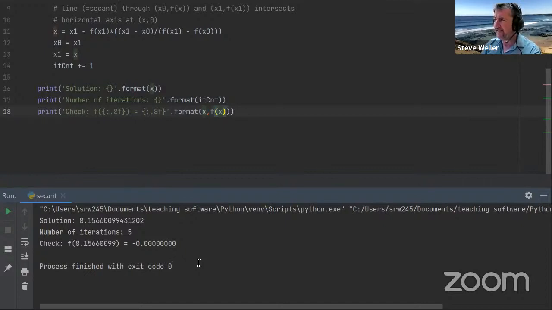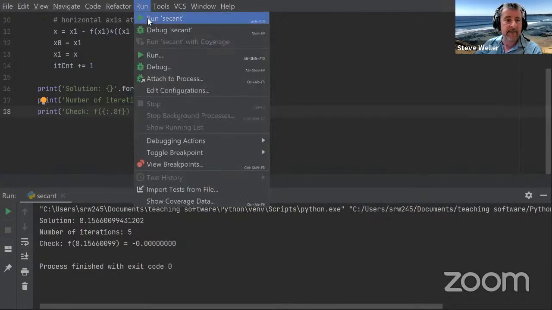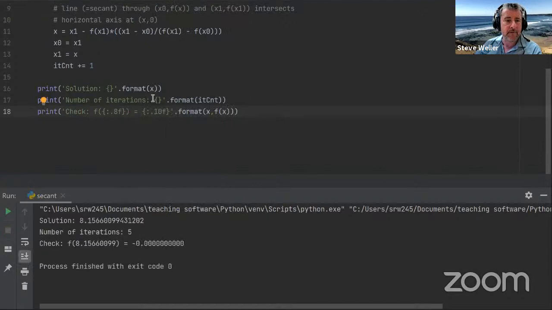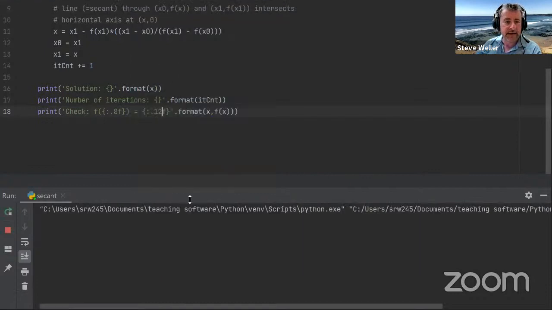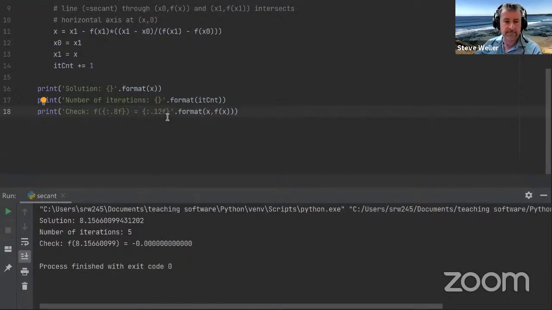It looks like it's saying -0. That's not true. What would happen if we displayed this answer out to 10 decimal places? It's a pretty accurate answer, isn't it? Let's do it again. Wow.